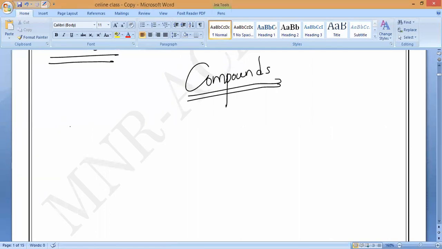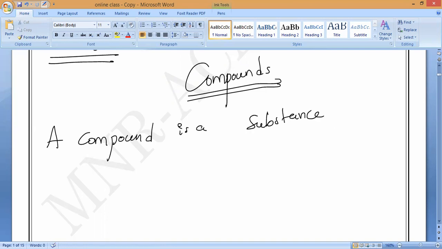A compound is a substance made up of 2 or more elements.